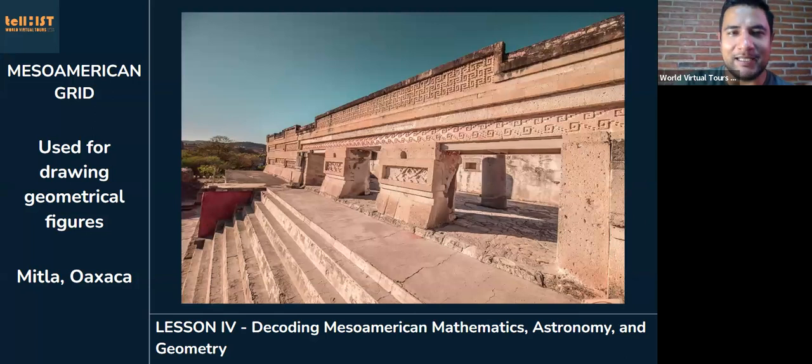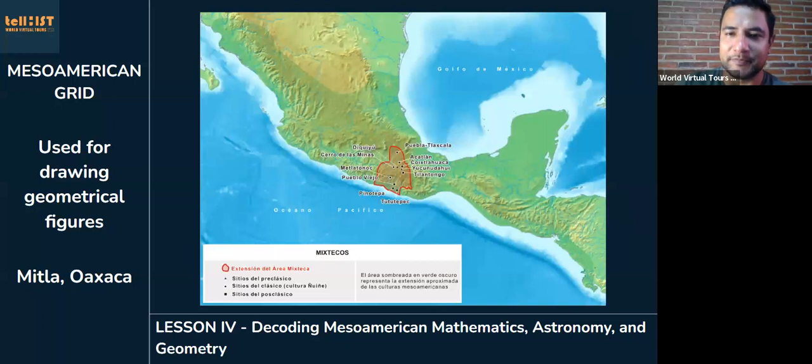So by delving into the matrix, the grids that we mentioned employed in the creation of these figures, in this case created by the Mixtec people. The Mixtec people is and was located in these lands, the South Pacific lands too.